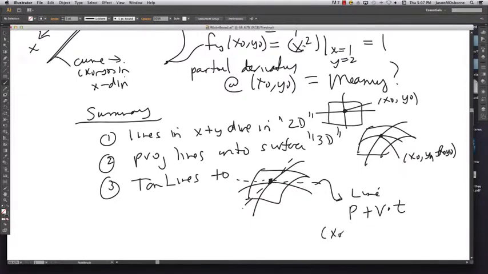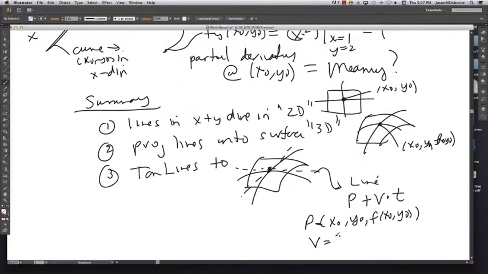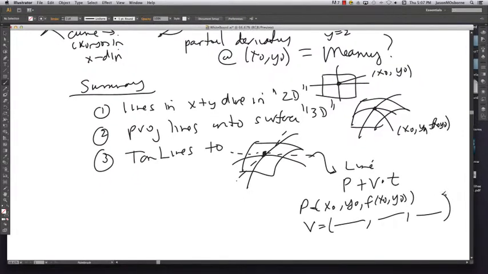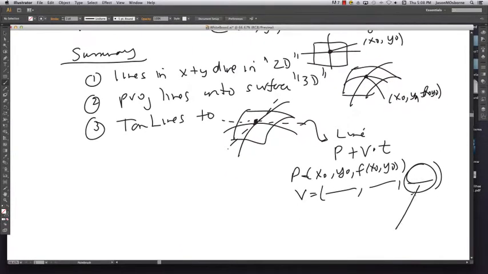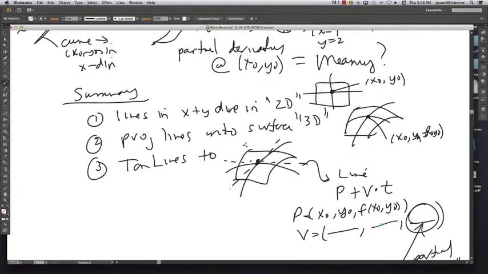The point is going to be x naught, y naught, comma, f of x naught, y naught. That's the point that they go through. And then the vector, my claim is that the vector is going to have 3 entries because it's a vector in R3. And my claim is that the numbers that you've computed with partial derivatives go here. Okay. So that's a summary of what we're going to do.